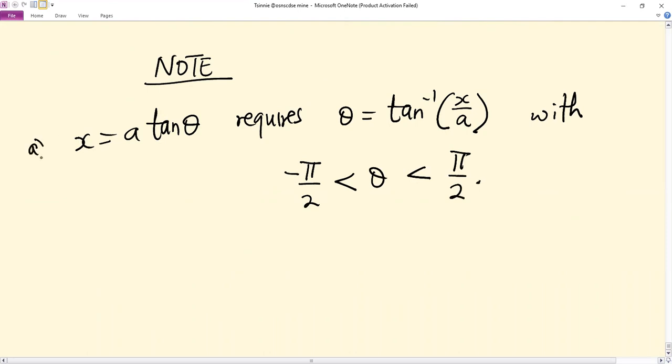So that's the range, or the interval, of theta for it to be defined.